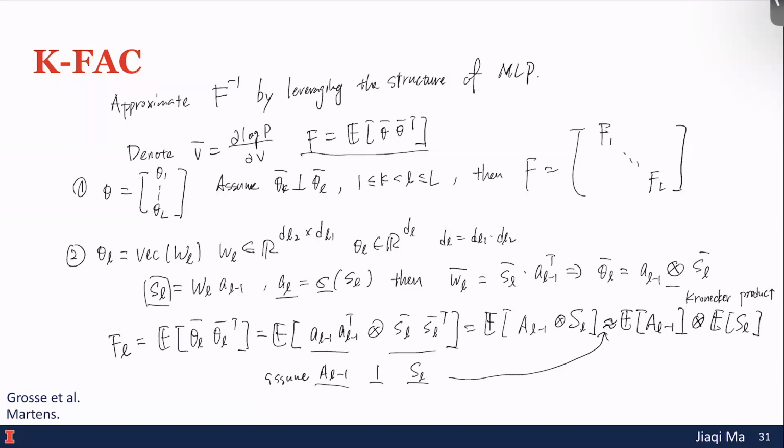With these two assumptions, we have significantly simplified F, or basically we embedded a very detailed structure into F. And our observation is that if you look at their definitions, these two are uncentered covariances of AL minus 1 and SL.